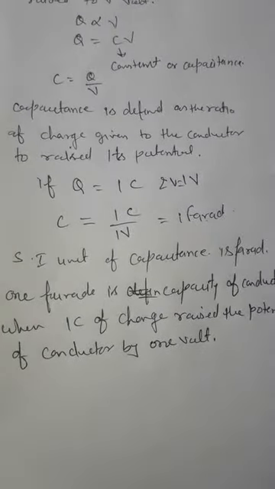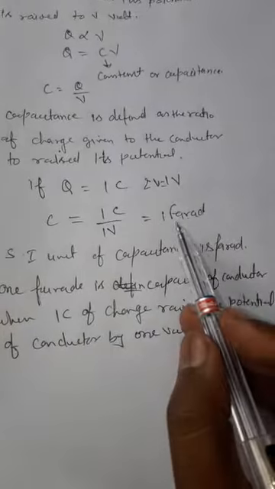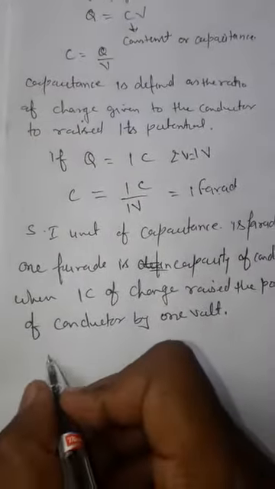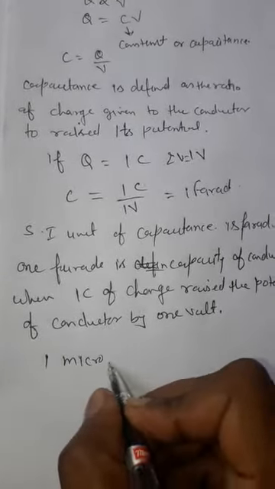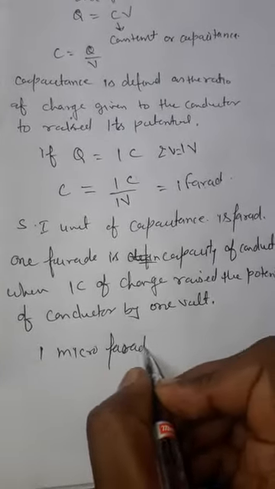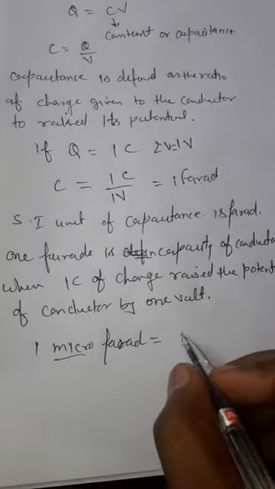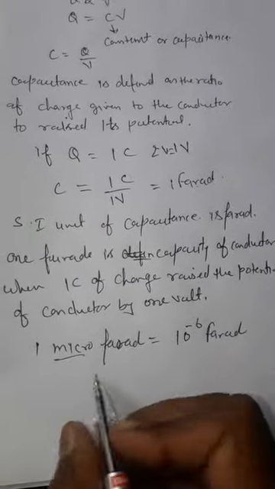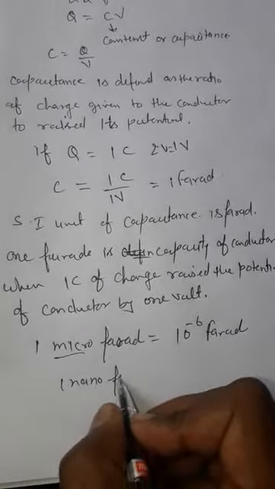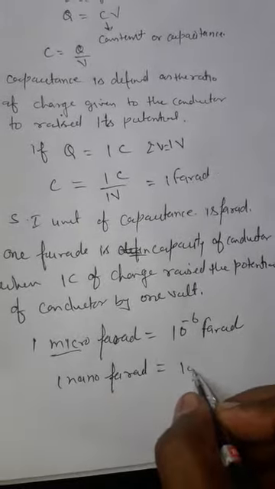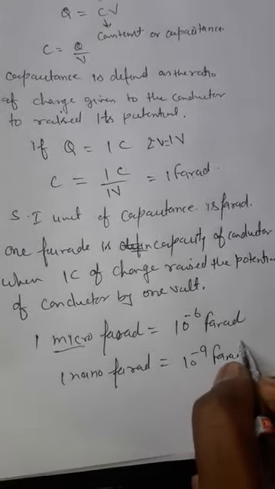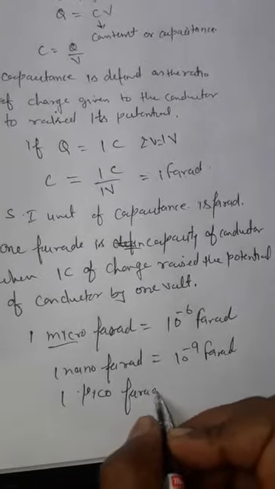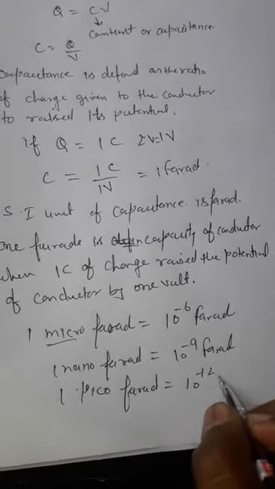Okay, as farad is a bigger unit of capacitance, we can also use some smaller units, that is 1 microfarad, where micro means 10 to the power minus 6, that is 10 to the power minus 6 farad. 1 nanofarad, that is 10 to the power minus 9 farad. 1 picofarad, that is 10 to the power minus 12 farad.